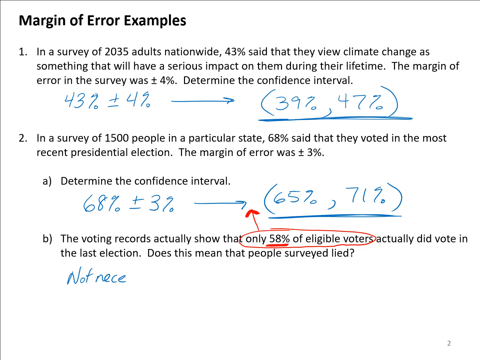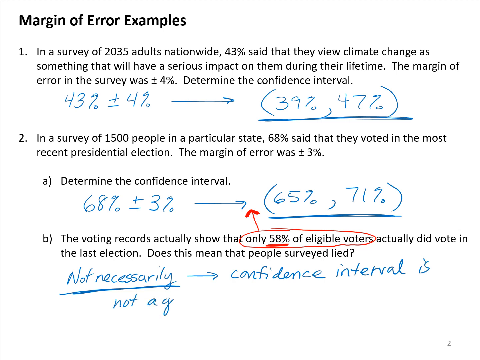The thing to remember is that these confidence intervals are where we're likely to see the true population parameter, but they don't guarantee that the true population parameter is in them. So a confidence interval isn't a guarantee that you will have the population parameter in it.